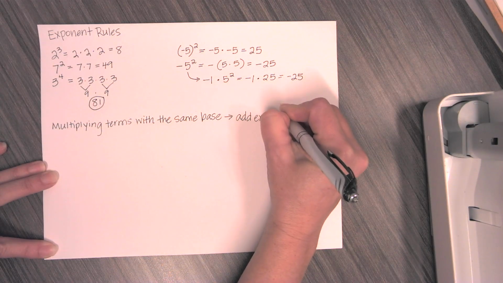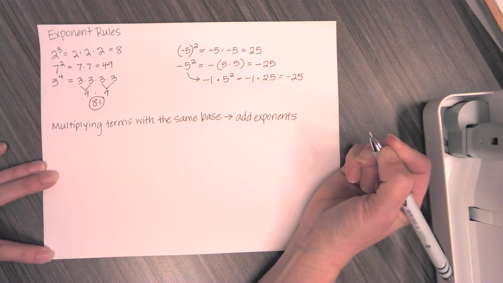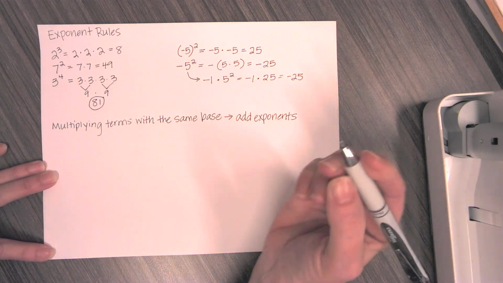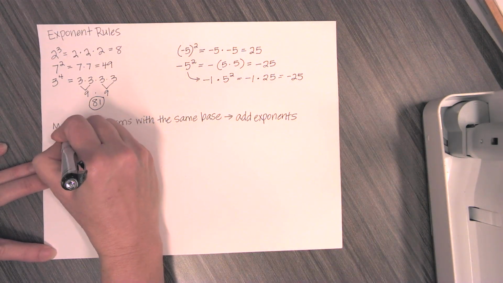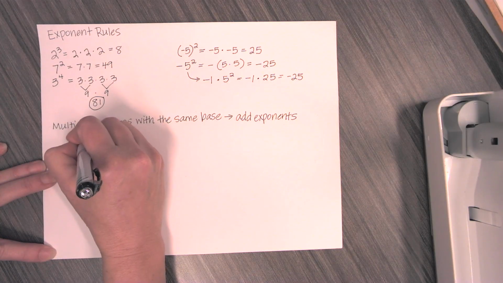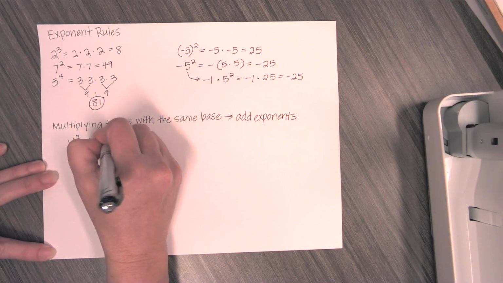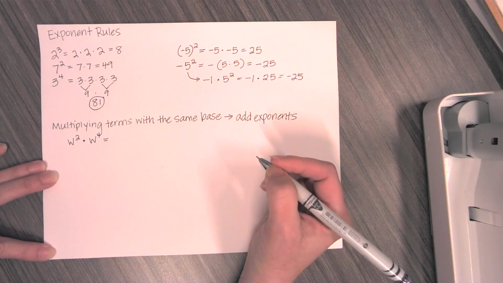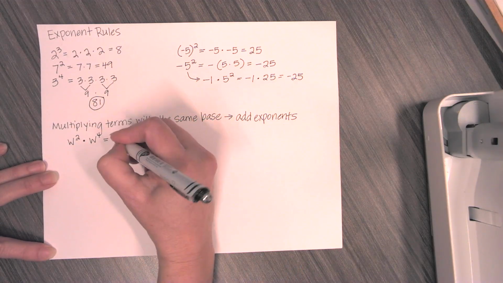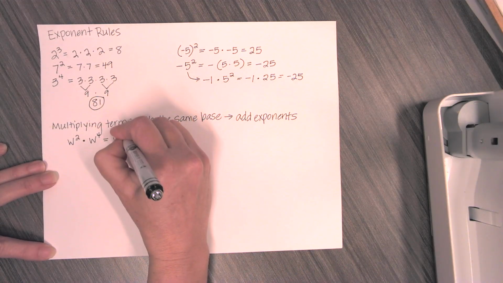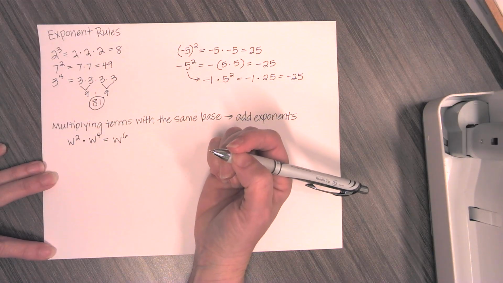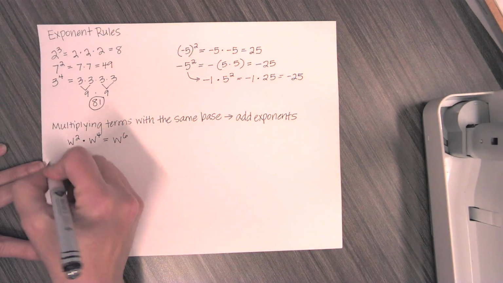It's the exponents that we add. All right, so let's see. If we have w squared times w to the fourth. All right, the bases are w, okay, and so that base stays the same, and we add 2 plus 4 is 6. Now, if you think about it, that should make sense.